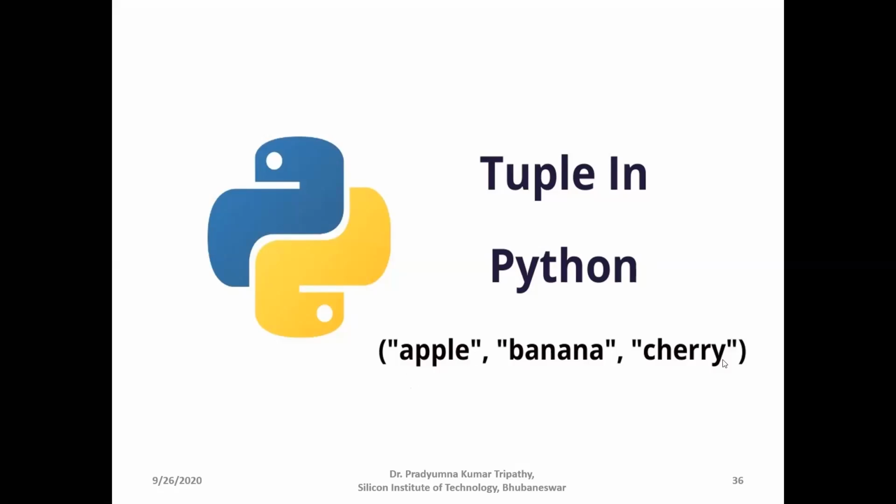In a list we put some values, here also we put some values, correct? But there is a very minor change over here. In a list we put square brackets and here we are giving parentheses. But this parenthesis makes it a tuple. Python will identify that it is a tuple, not a list, correct?